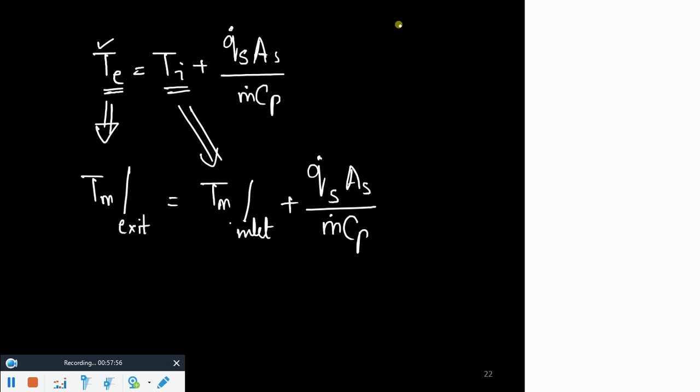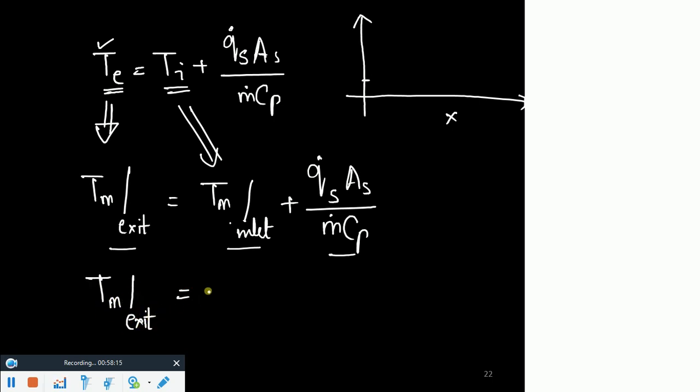Now, if I want to see the temperature profile, just consider it as if it is an equation of a line. Let me write it as Tm at the exit equals Tm at the inlet plus Q dot, and if I talk about a circular cross section pipe, I can write it as P x, where small p is the perimeter.